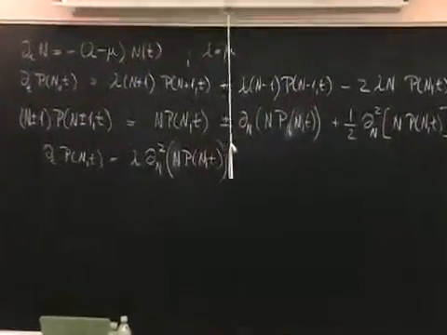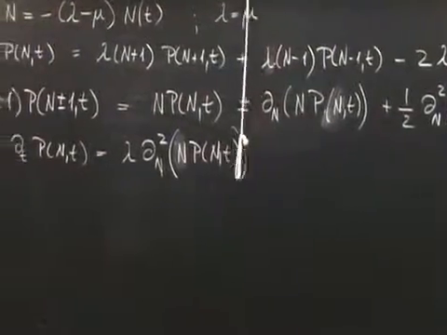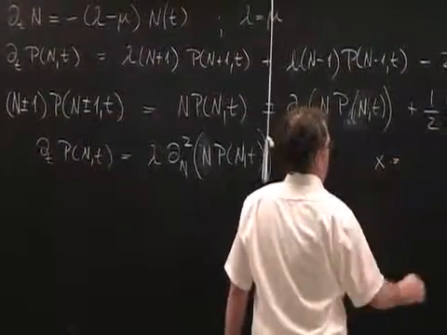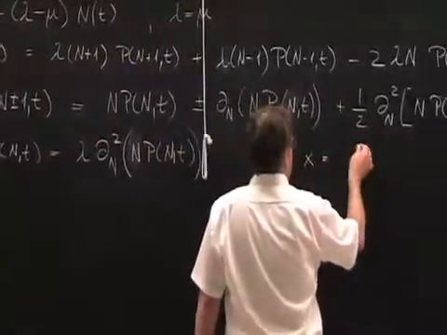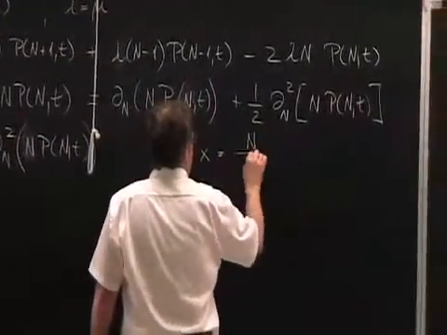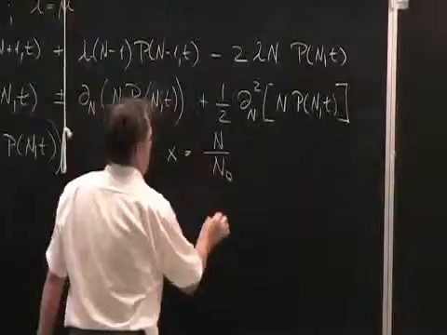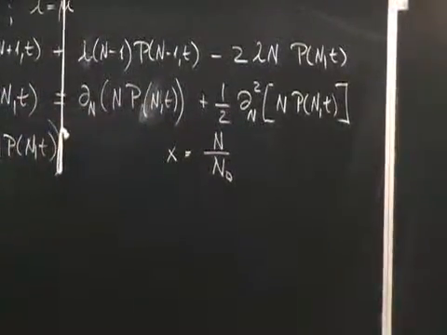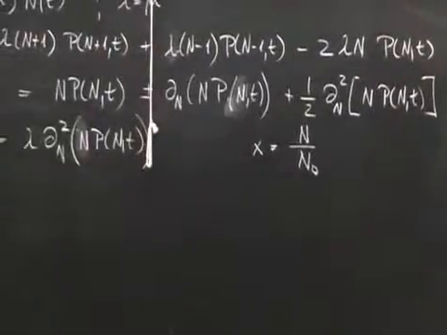Now let's normalize our variables here. It makes sense to talk about the fraction of particles compared to the initial size, which I take as n naught, and rewrite the equation in terms of that particular frequency.